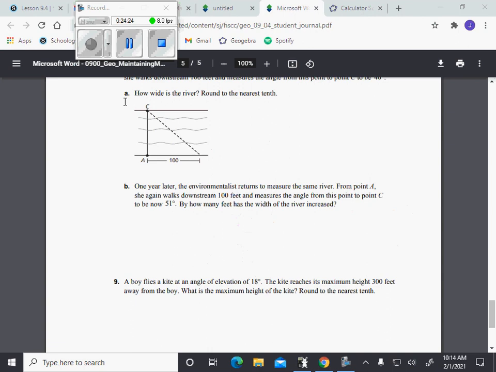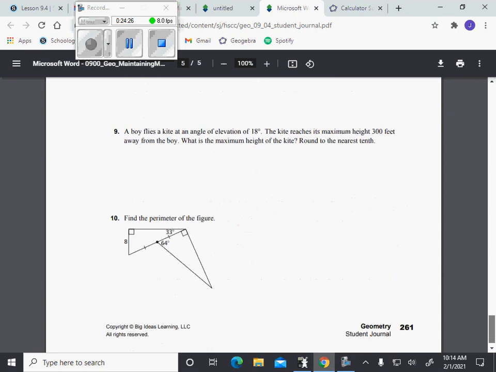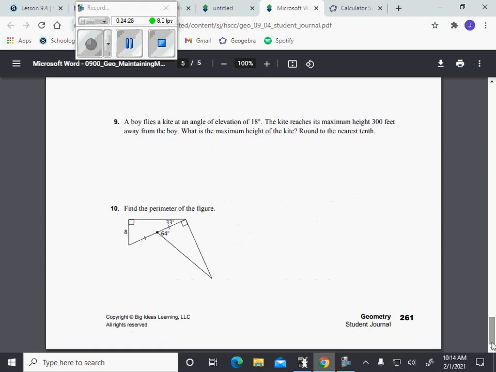Last problem. That's in the notes. Oh, no it isn't. We have 2 more. I lied. A boy flies a kite at an angle of elevation of 18 degrees. So we have a boy here. There's our kite. That's 18 degrees. The kite reaches its maximum height 300 feet away from the boy.